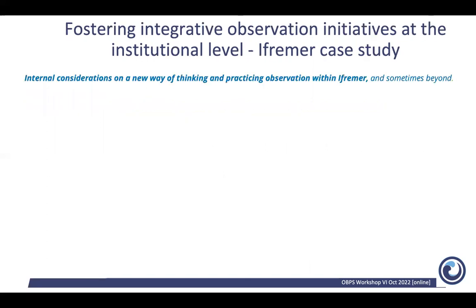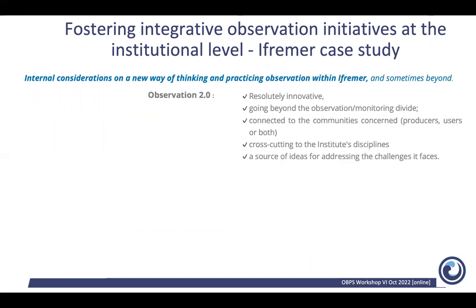So at local level, we were having internal consideration on a new way of thinking and practicing observation within IFREMER and sometimes beyond. So we were really thinking about observation for the next generation. This observation 2.0 would be resolutely innovative, going beyond the observing-monitoring division.